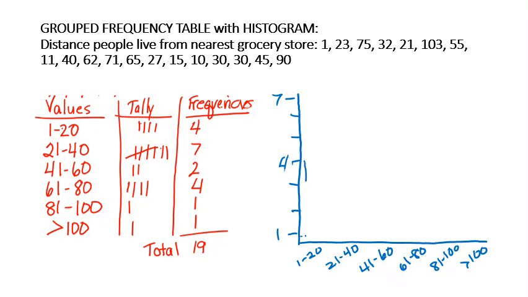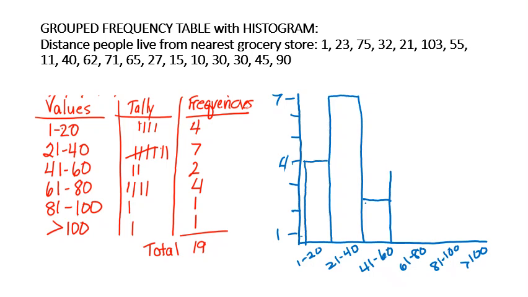And in this case, I'll leave just a little space here, but I'm not going to leave any more spaces after this. Okay, because these are continuous numbers, and so we have continuous bars. 21 to 40, we had 7, so I'll make this bar touching. 41 to 60, we had 2.